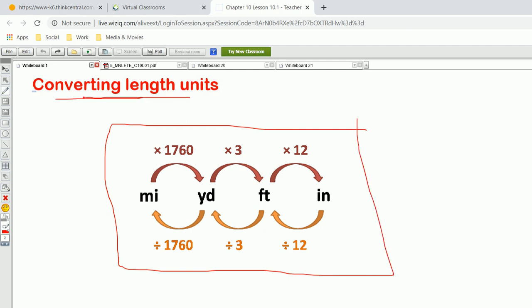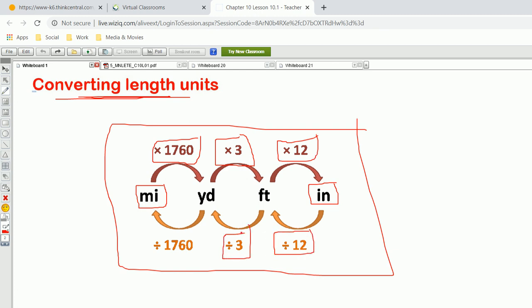If you convert between length units, firstly, we have the biggest unit, which is mile, and the smallest unit, which is inch. If you want to convert between these units, it's very important to know that you multiply by these numbers, or you divide by these same numbers.